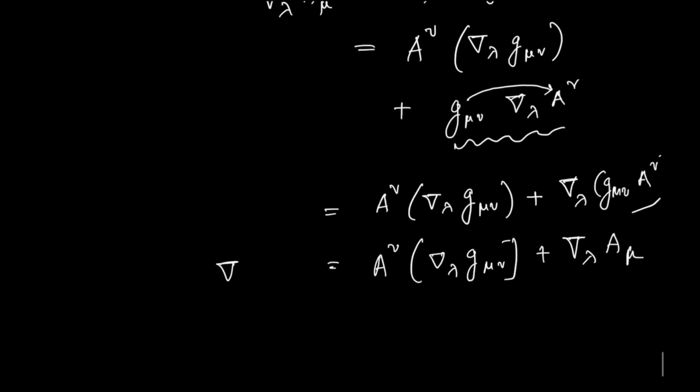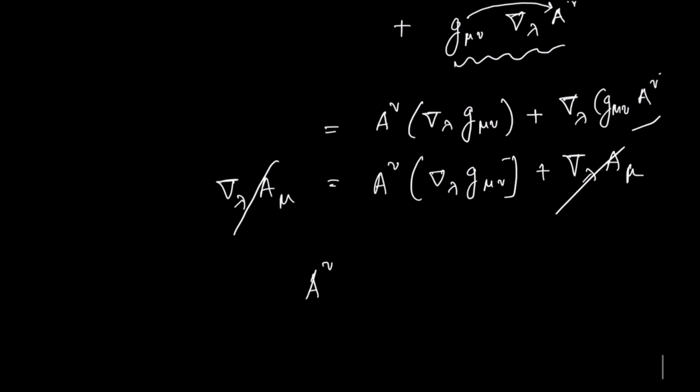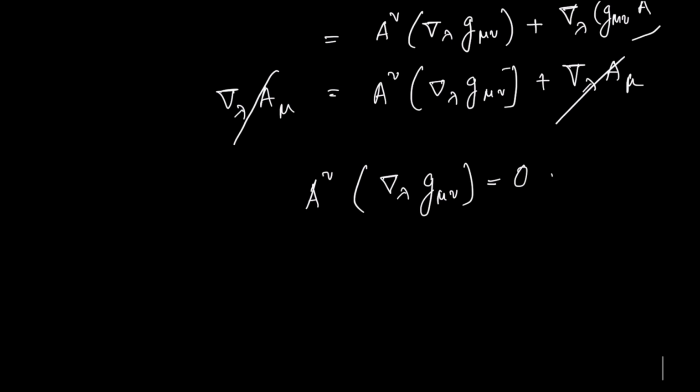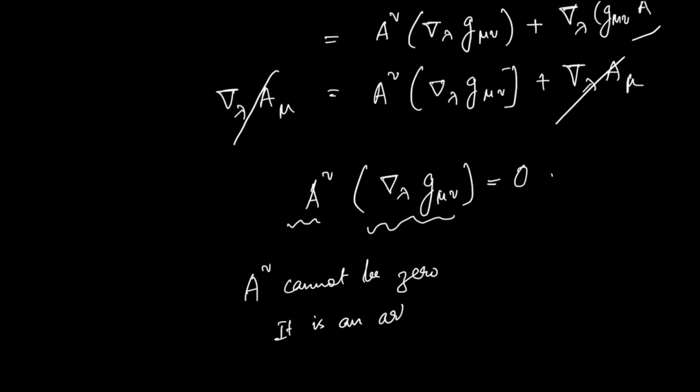Here we started with the covariant differentiation of A mu, right? So these two will get cancelled. We get A nu multiplied by the covariant derivative of G mu nu equal to 0. So either the quantity in the brackets should be 0, otherwise A nu must be 0. Here A nu cannot be 0, because it is an arbitrary vector.